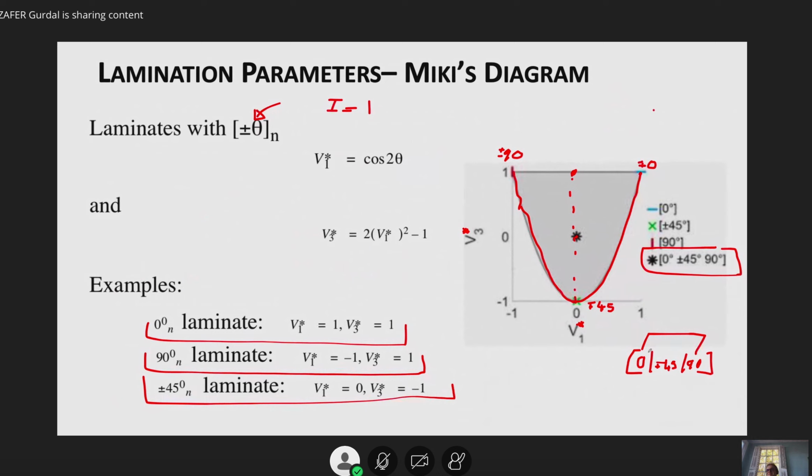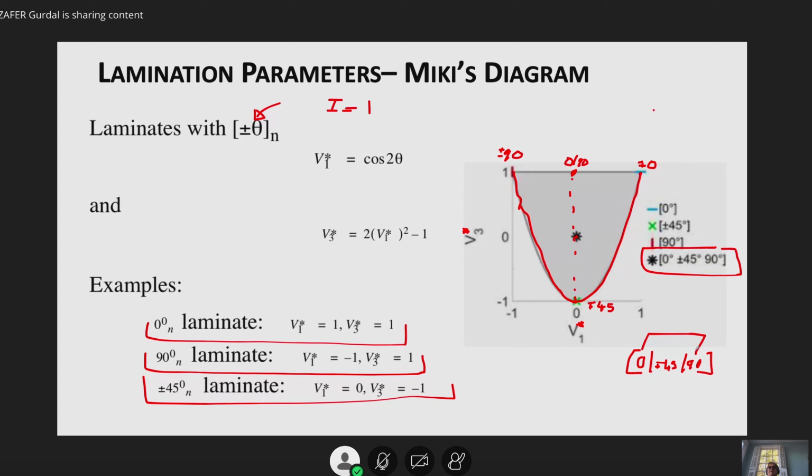So I get a quasi-isotropic laminate by combining equal amounts of 0 and 90. This is 0, 90. And half 0, 90, half plus minus 45, I get quasi-isotropic.